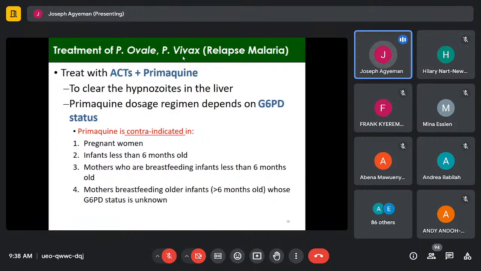This reminds me of the assignment I gave, that you should go and look out for the classes of anti-malaria agents, and the classes you were to do in 2 types. Classification based on chemical structure, that is chemistry, with at least 2 or 3 examples each. Then classification based on the parts of the life cycle that the drug will attack.